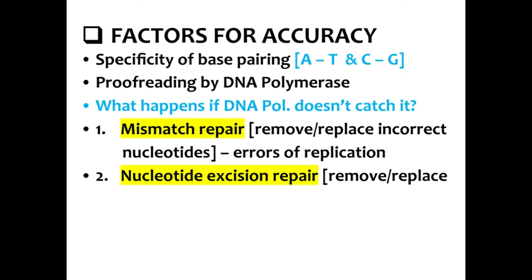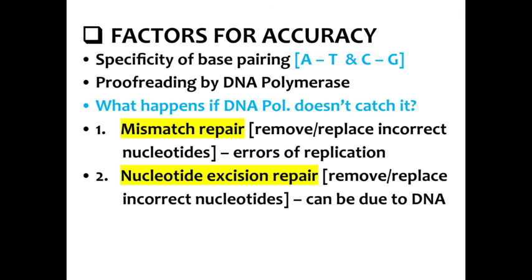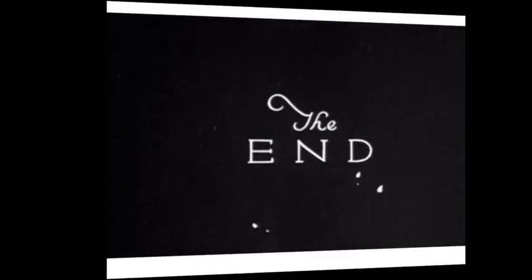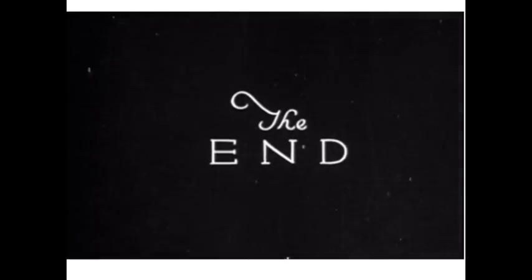And then secondly, you have nucleotide excision repair, which is a fancy way of saying we're going to remove and replace incorrect nucleotides. That can be due to DNA damage, which is usually from environmental factors such as chemicals, X-rays, UV rays, and smoking. All right, that does it for me, and I hope you found this helpful.